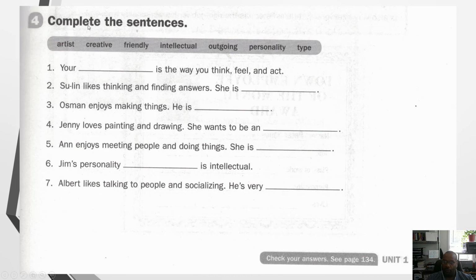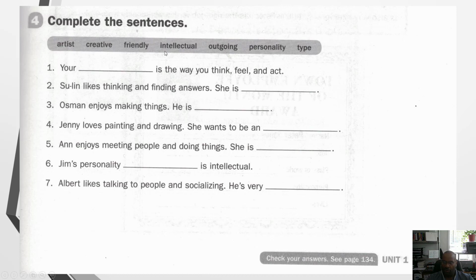Number 4, complete the sentences. Alright? Now before we complete these 7 sentences, let's look in our word bank and make sure we know how to pronounce these words. The first one is artist. The next word is creative. Next word is friendly.